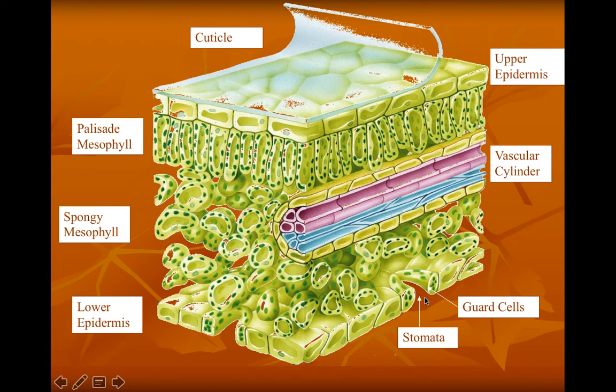There's a stoma, and you can see the guard cells that control its opening and shutting. When carbon dioxide comes in, it goes into all of these little gaps, this empty space here, and provides carbon dioxide for all of these cells that are undergoing photosynthesis. And then oxygen can go out the same way too.